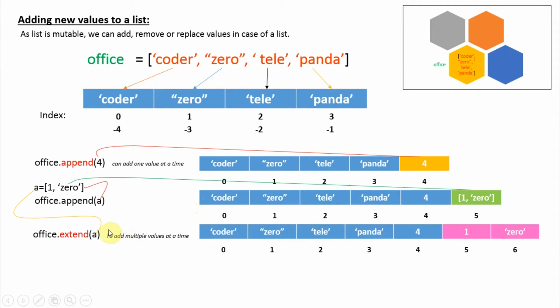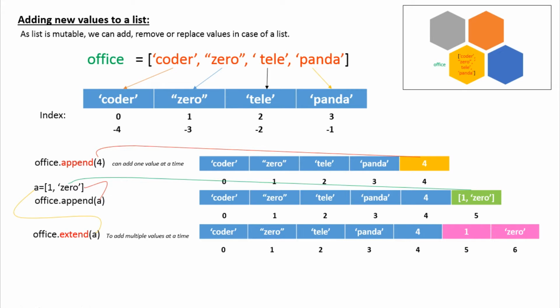You can see 1 and 0, these are the elements of small list A, and here 1 is at index 5 and 0 is at index 6. You can see the difference. When we are using append, the whole list is added as one item, but when we are using extend, each and every item of that list is added as a separate item to the main list.